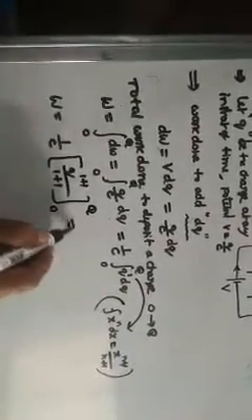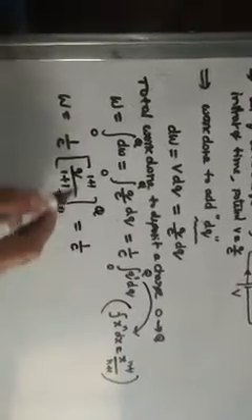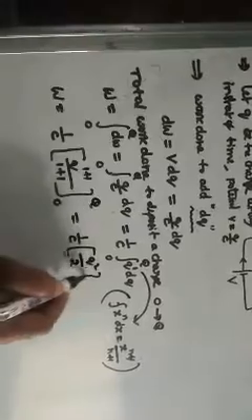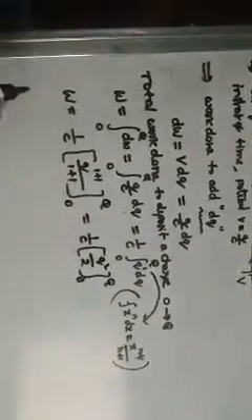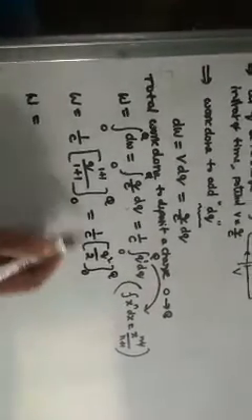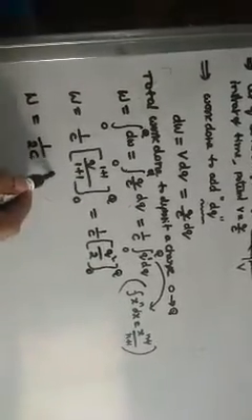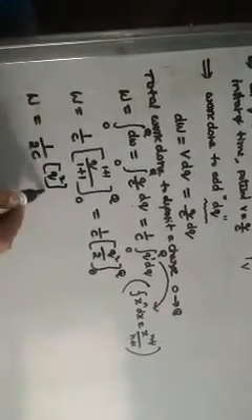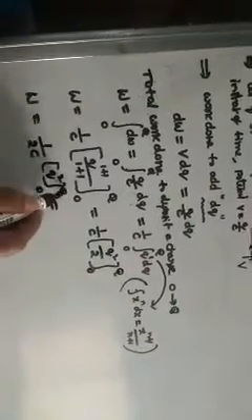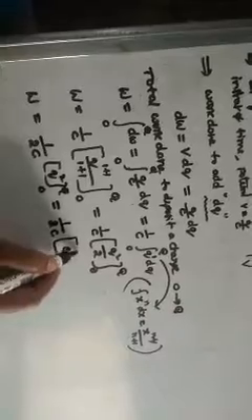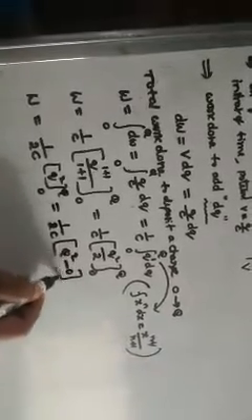Try to understand: 1 by C and q square by 2, with limits from 0 to capital Q. Bring the constant 1 by 2 outside: 1 by 2C, and here q square, limits from 0 to Q. Substitute the upper limit: 1 by 2C into Q square minus 0.